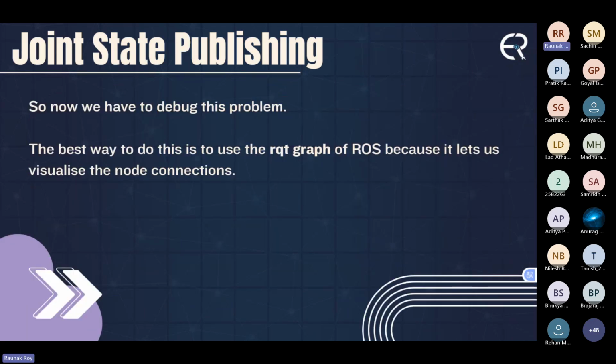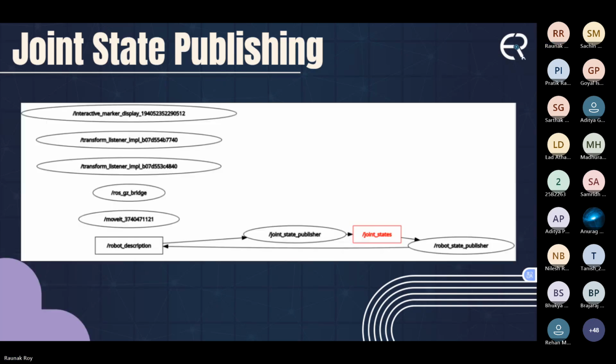So the best way is to use the RQT graph because it lets us visualize node connections. So when we open the RQT graph, we can see the joint state is publishing to the robot state publisher and to the robot description, which moves the robot in RViz. And one more thing to note is that the ROS Gazebo bridge is not connected.